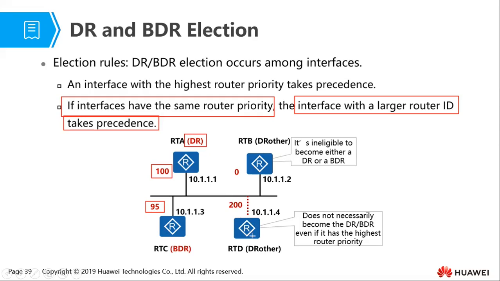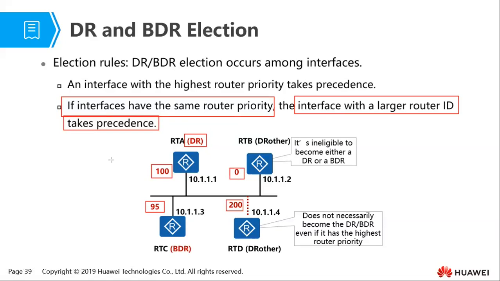Then RTD has a larger router ID, but it has not become the DR. Why? Then we have RTB, which has a priority of 0. So what happens when a router has a priority of 0?